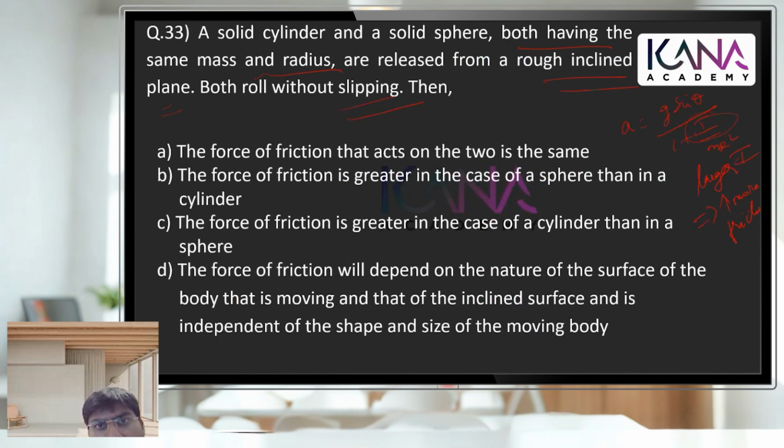The cylinder has a larger I than the sphere, so the friction will be more for the cylinder than the sphere. So hence the answer is C. Force of friction is greater in the case of the cylinder than in the sphere.